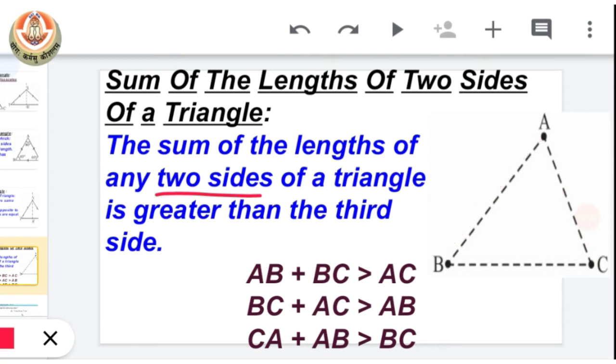Similarly, if we take these two lines and add their lengths, then their sum should be greater than the third side.